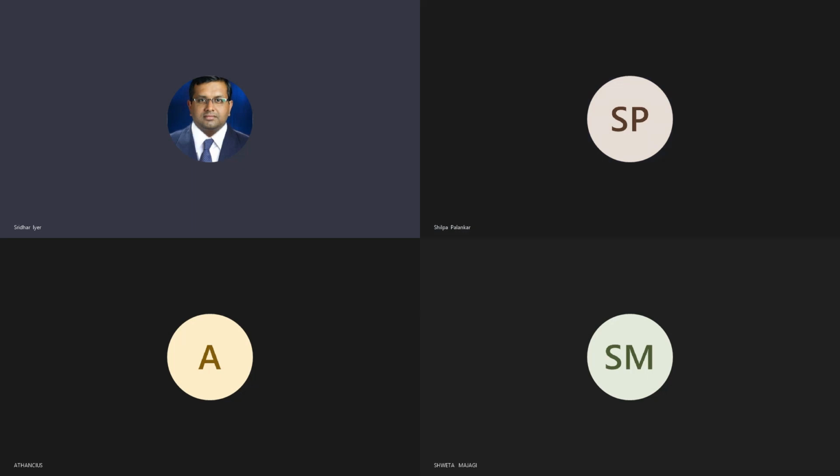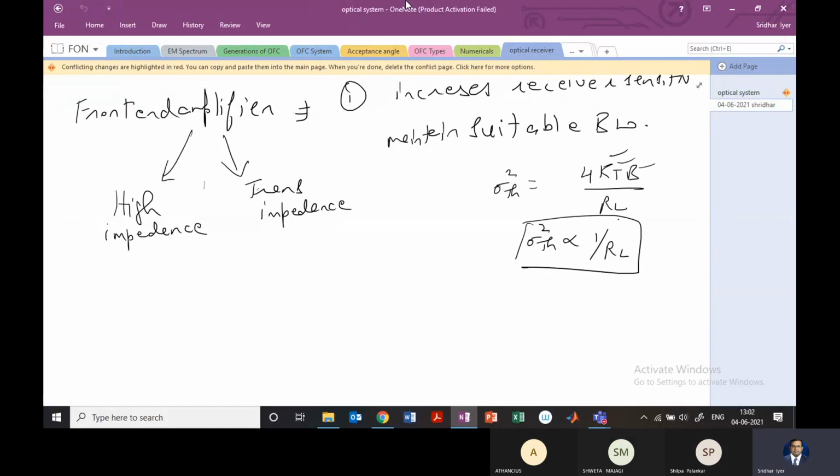No, sir. Okay, hold on. It is showing me that it is visible. Yes, sir. Okay, it's visible. Okay. So sometimes this OneNote does like this.